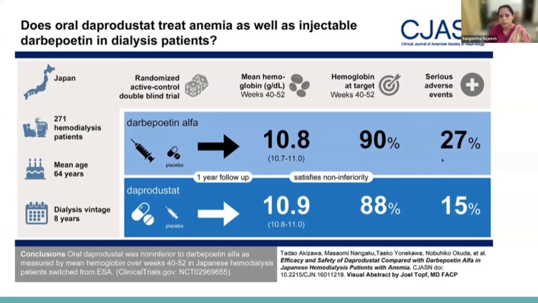The serious adverse events were 27% versus 15%. Oral daprodustat was non-inferior to darbepoetin alpha as measured by mean hemoglobin over weeks 40 to 52. So only the cost is a hindering factor. Otherwise, it is a good molecule.